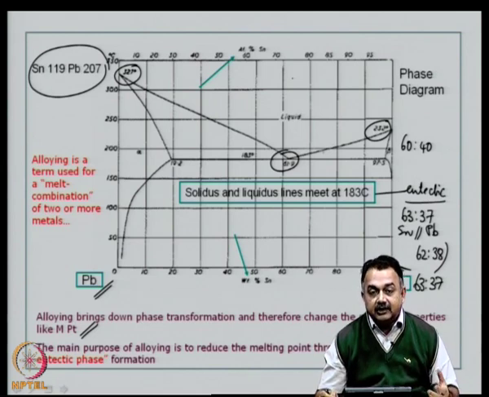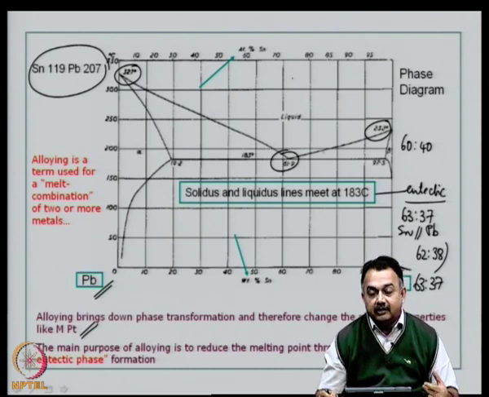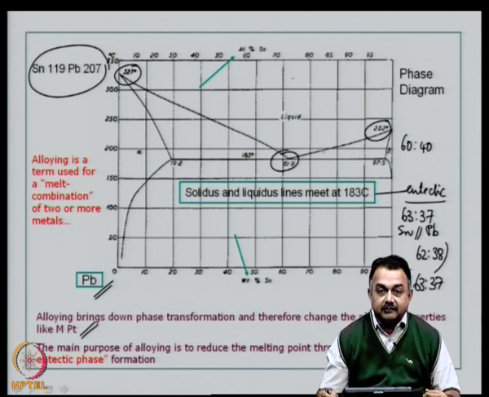A BGA package can have 63/37 solder balls. It can also have 60/40 solder balls. A QFP package which has got a Fe-Ni 42 base frame can have a tin lead coating or plating, okay, with composition of 63/37 or 60/40.